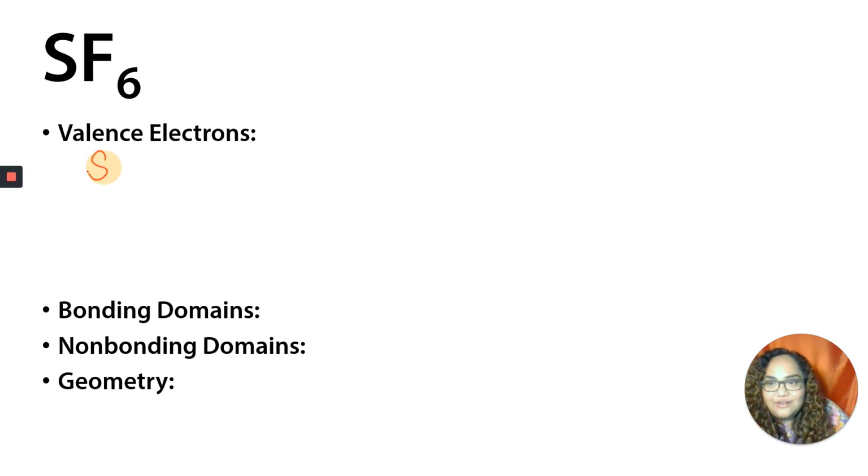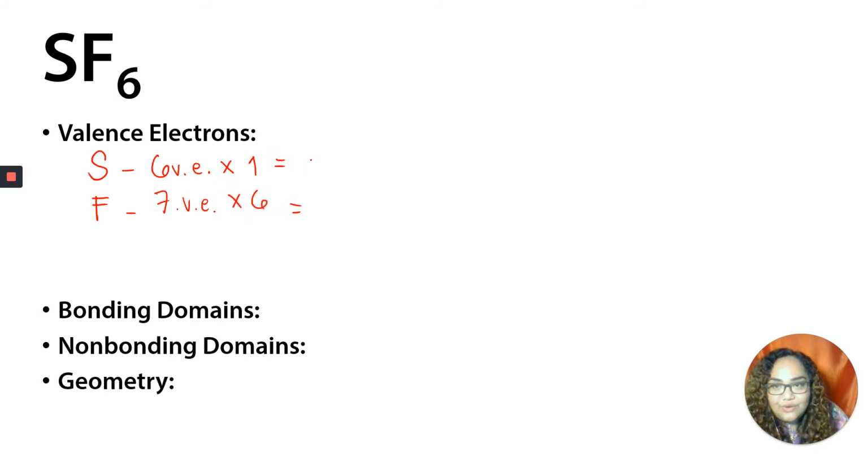So sulfur would be in group 6. So there will be 6 valence electrons, and there would only be 1 atom of sulfur here. So that would be times 1. And then fluorine, because it's in group 7, will have 7 valence electrons, and then you're going to multiply that by 6.